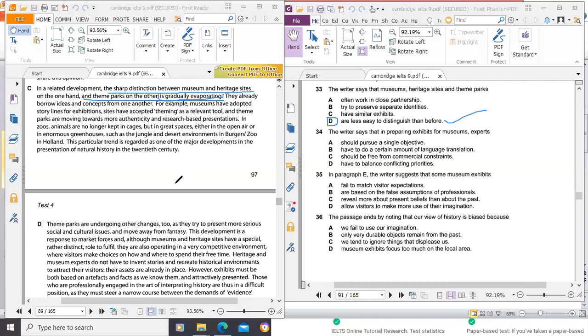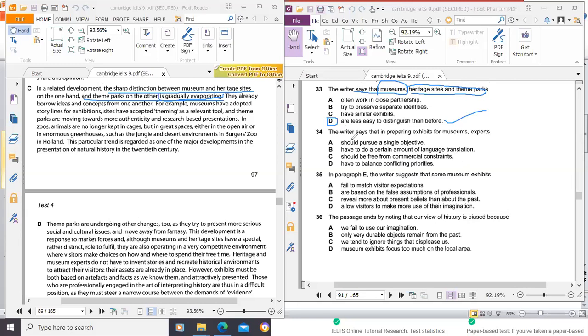Usually they don't combine, it's either they leave out paragraph C and the next answer you are looking for is in paragraph D. It's most likely going to be in the next paragraph, and not just having to read two paragraphs together. So the key thing here is that we quickly look for the keywords, museum, heritage sites, and theme parks, and they are here. If they are not in this paragraph, we quickly go to the next paragraph, okay?